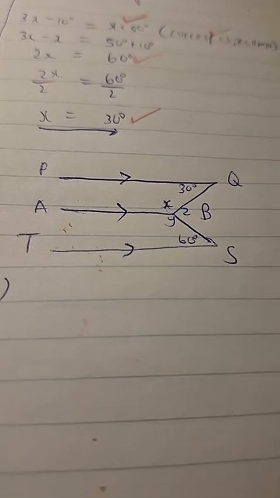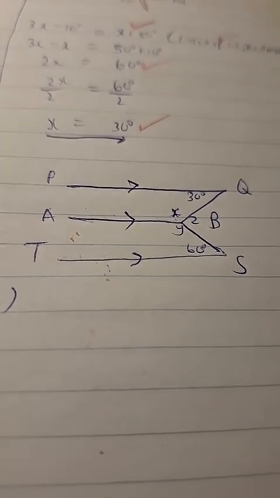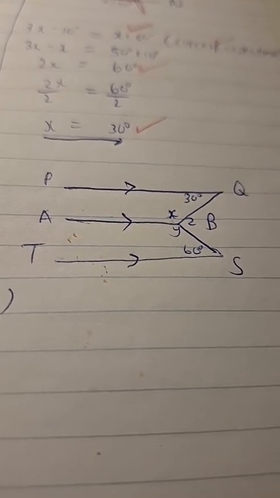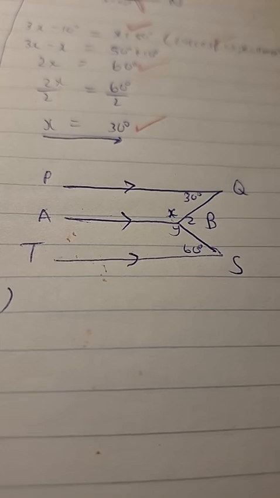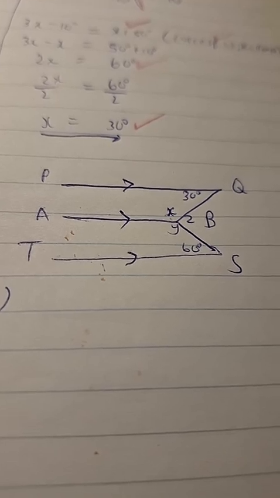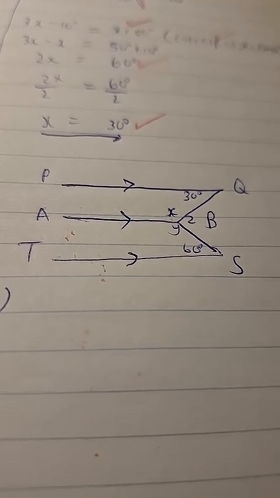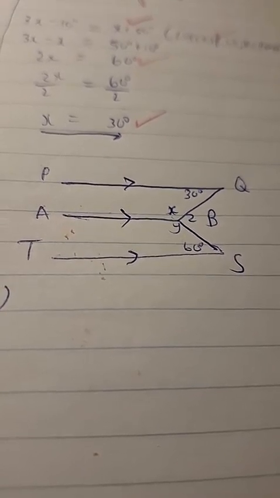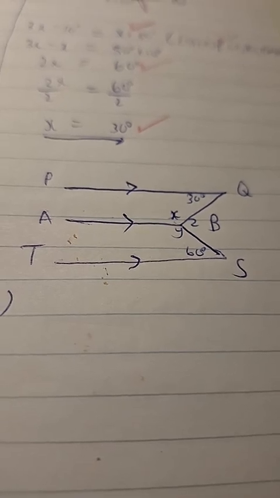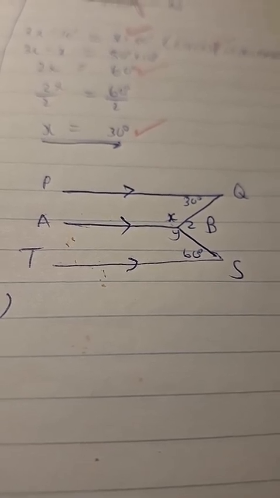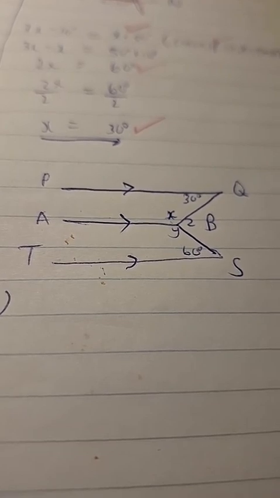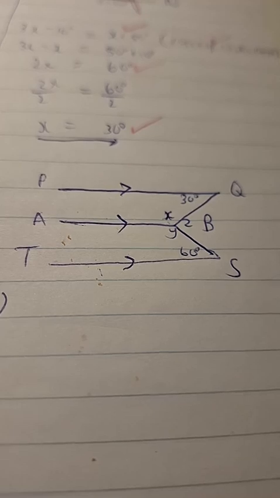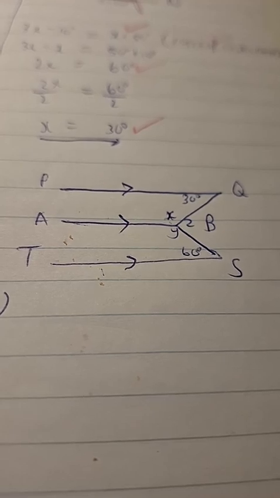I'm going to give you some time to do this on your own. I'm going to hide the comment section for a little bit so that people don't get a chance to comment, and I'm going to allow you guys to find x, y, and z giving reasons. Your time starts now.